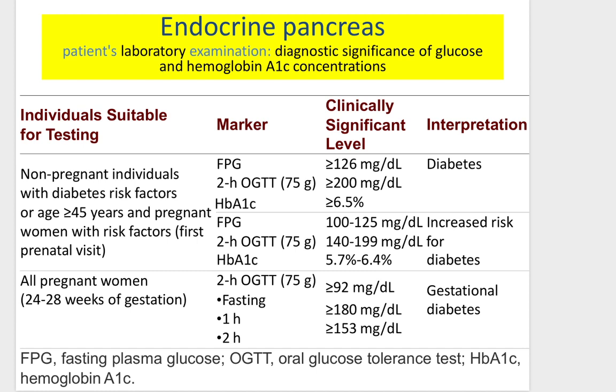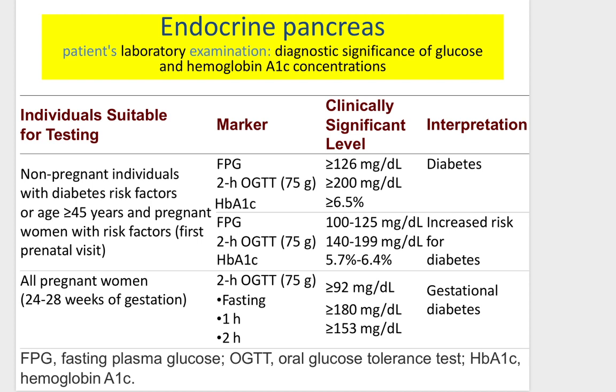Okay, interpretation of laboratory examination of function of endocrine pancreas. Here you see different markers: fasting glucose, oral glucose tolerance test, and glycated hemoglobin, whose range you see in the first row is typical for diabetes.